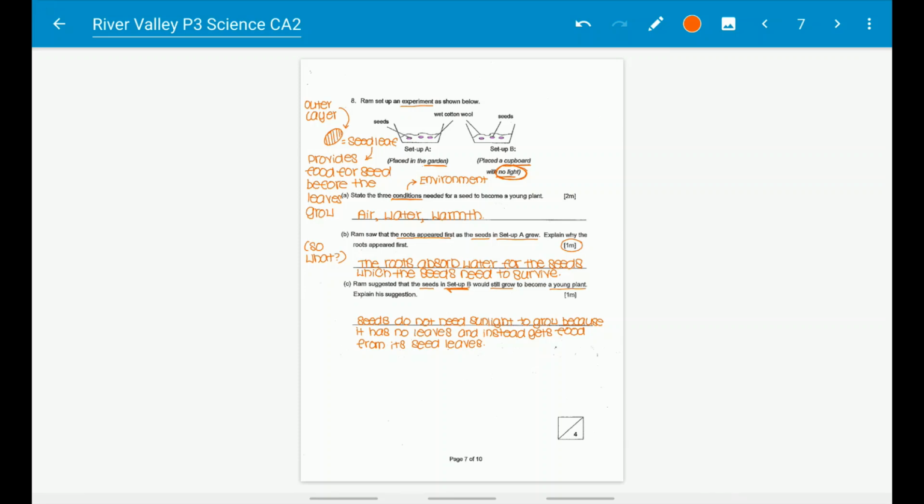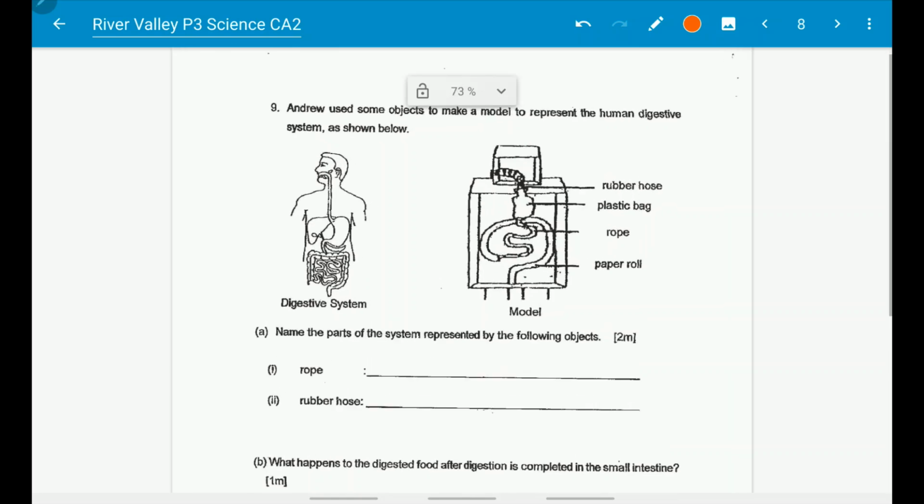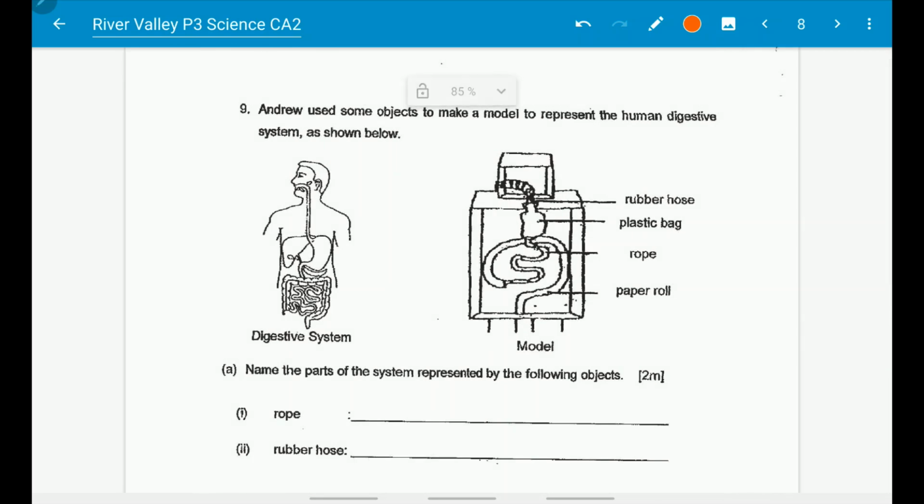Okay, we're done with question 8. Let's press on to the next question, question 9, which we can see from the diagram is a question on the digestive system. Andrew used some objects to make a model to represent the human digestive system, as shown below.